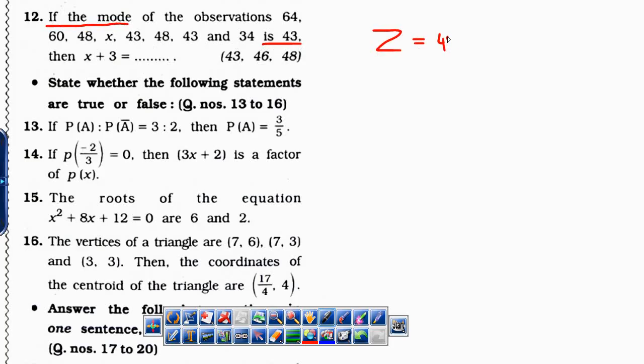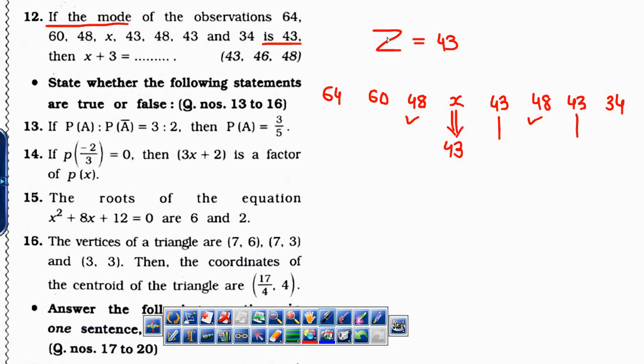If the mode is 43, it means 43 is repeating the most number of times. 64, 60, 48, x, 43, 48, 43, 34. 43 twice, 48 twice. x compulsorily has to become 43 because the mode is 43. 43 has to come the maximum number of times. So x plus 3 is how much? x is 43, so 43 plus 3, answer is 46.